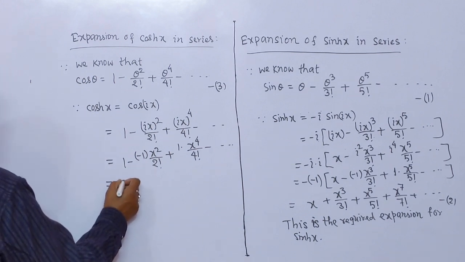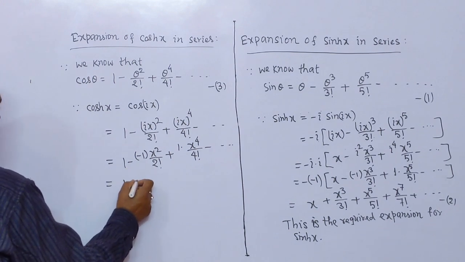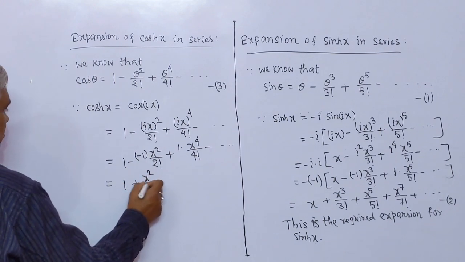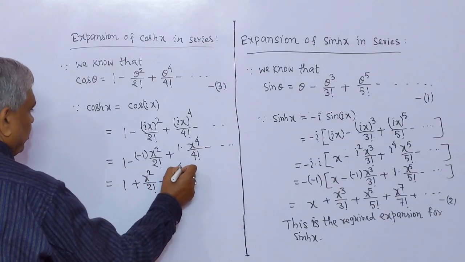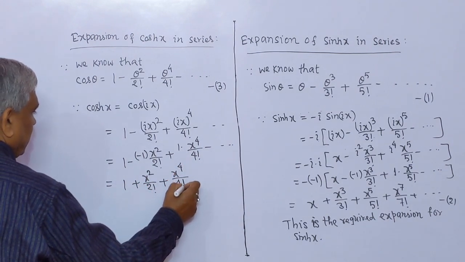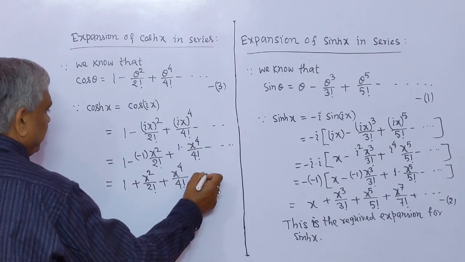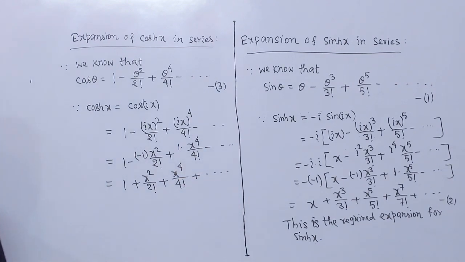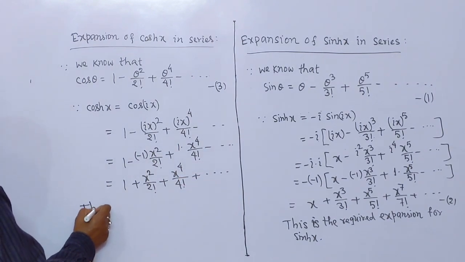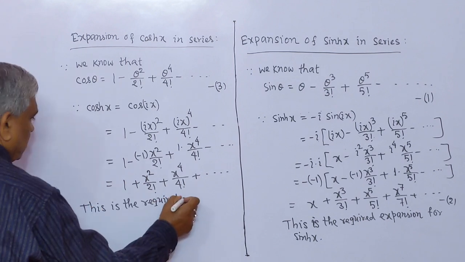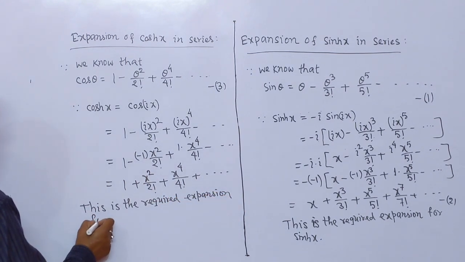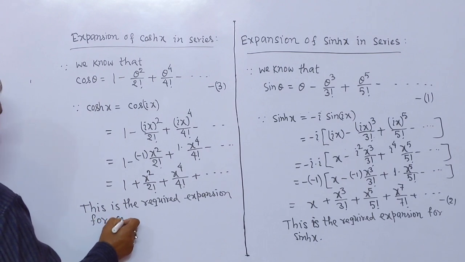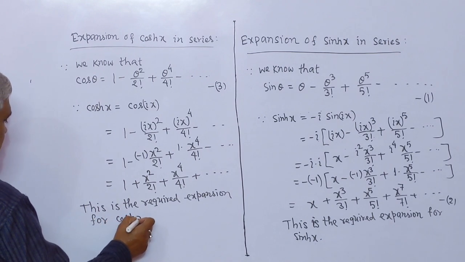Here 1 minus minus plus, x square by factorial 2 plus x to the power 4 by factorial 4, and other terms will be positive, and this is the required expansion for hyperbolic cosine x.